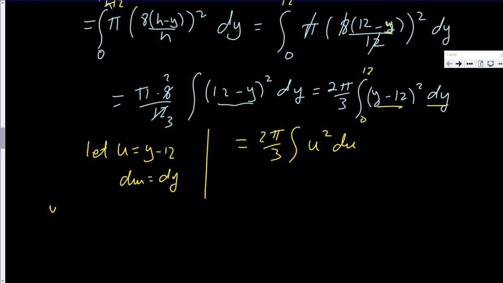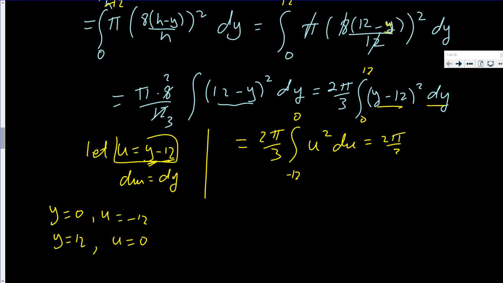If y is 0, then u would be negative 12. And if y is 12, then u would be 12 minus 12, which is 0. So instead of 0 to 12, we go from negative 12 to 0. Interesting. So we have 2 pi over 3 times u cubed over 3.